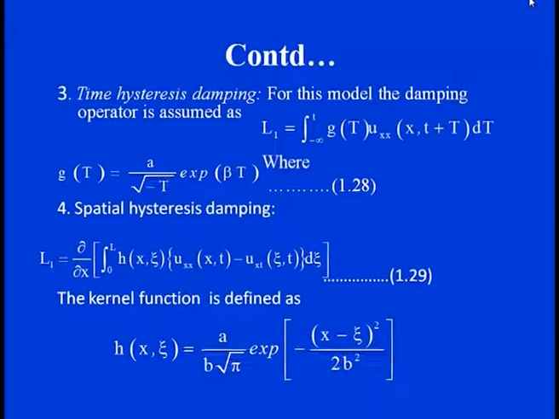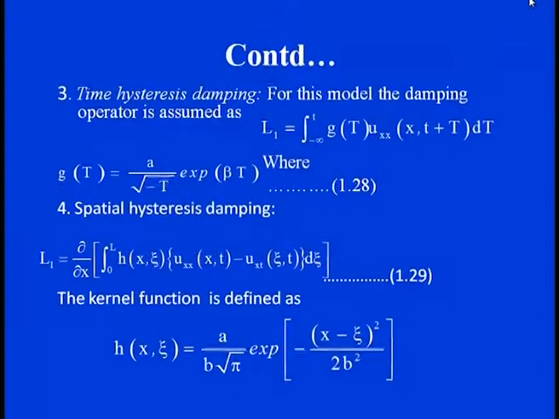In this third model the hysteresis values considered have a variation with time, and we can consider this coefficient L for the entire summation from minus infinity to t of g(t) u_xx(x, t plus total time) dt, where g(t) is a function or an operator which is nothing but equal to a e^(bt) divided by minus t.